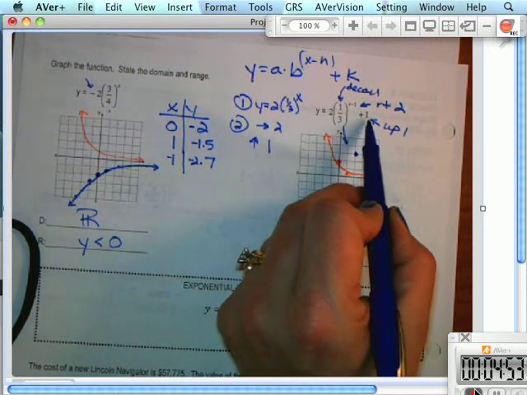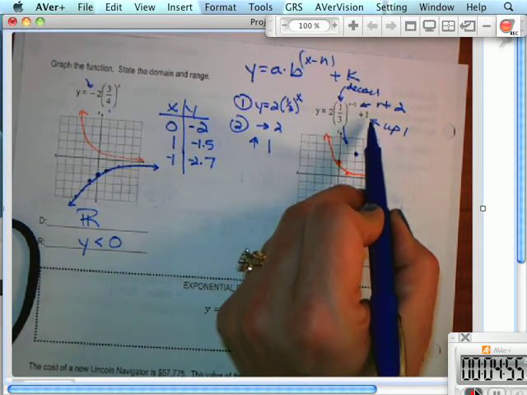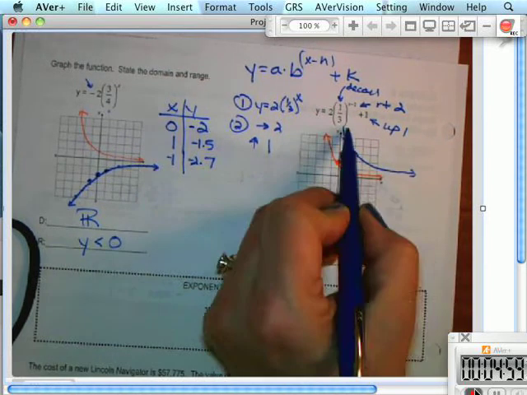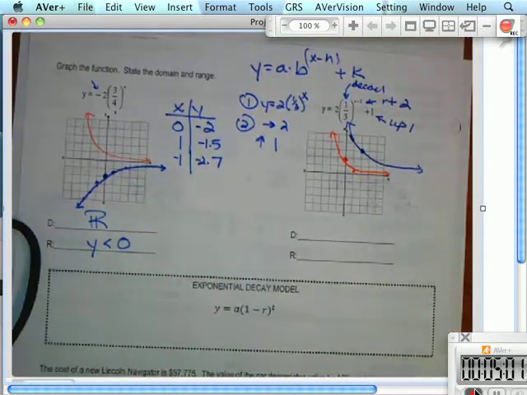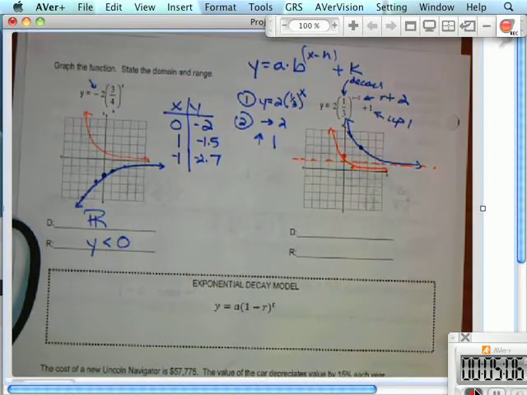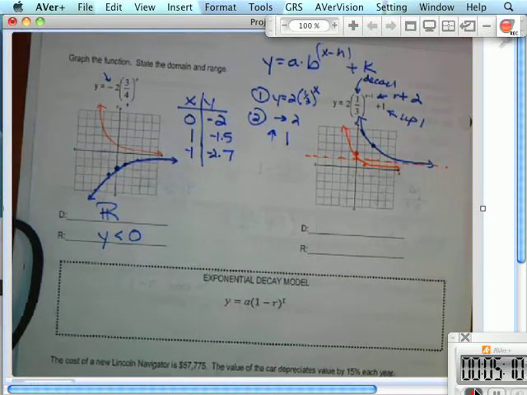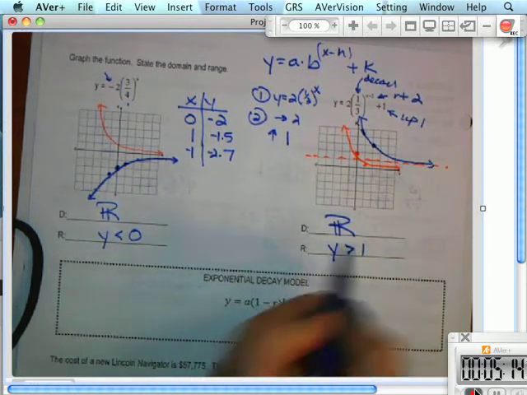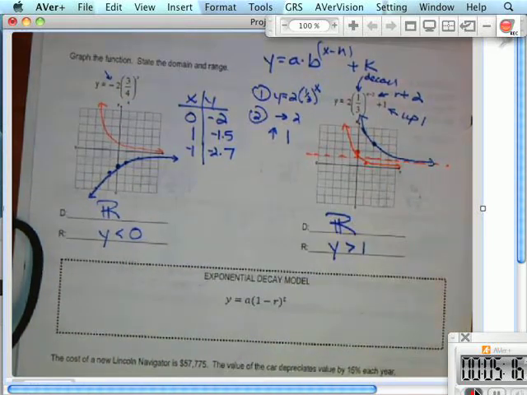What is it never going to go below? 1. So it's something like that. Because it got shifted up 1. Again, the domain could be anything, and the range is y greater than 1. The y's will never be below 1.